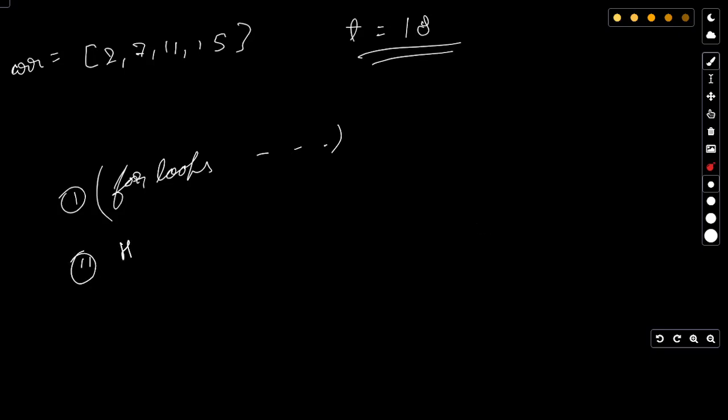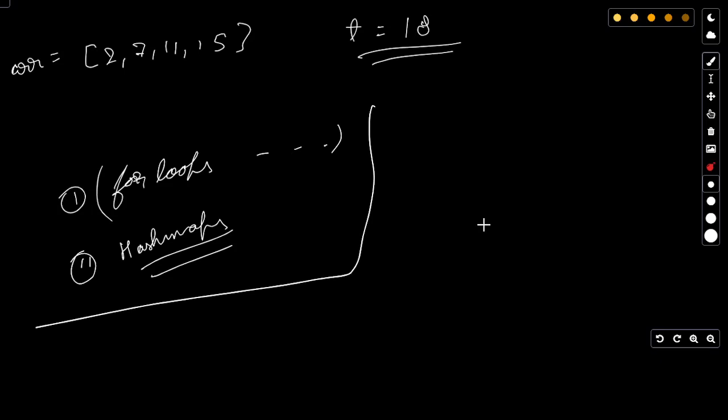The second approach would be using hash maps, which I have already told you in the earlier video. And in this video, what we are going to discuss is how you're going to apply two pointers to this problem.